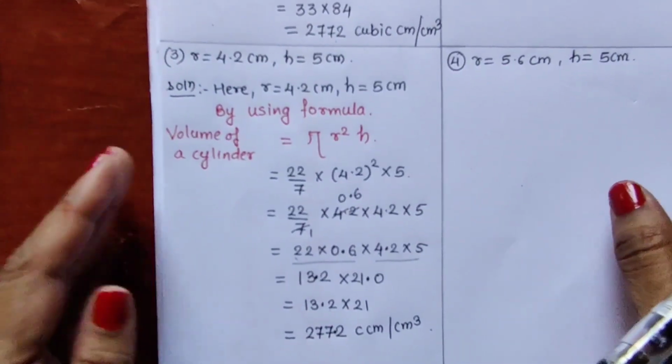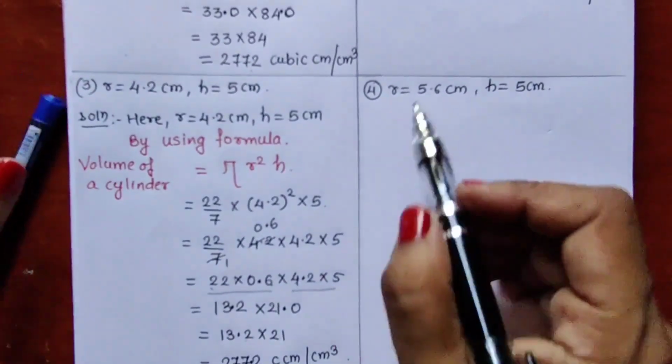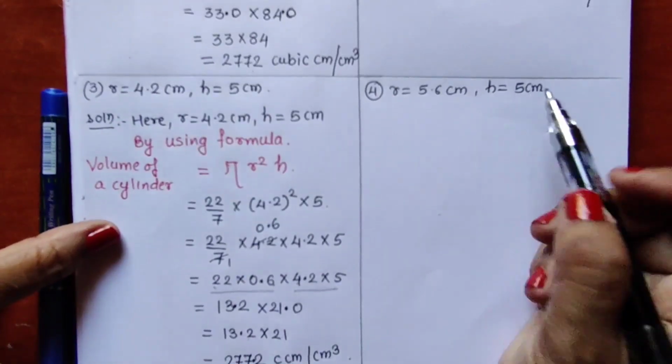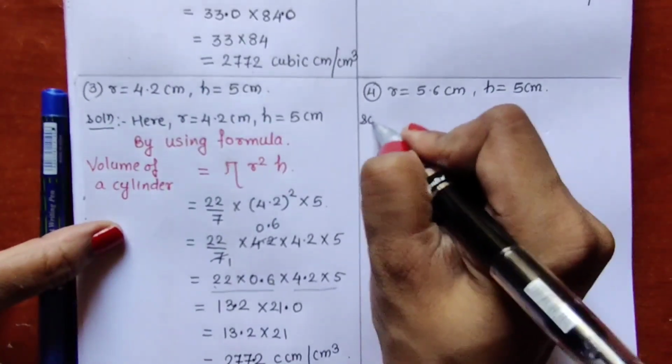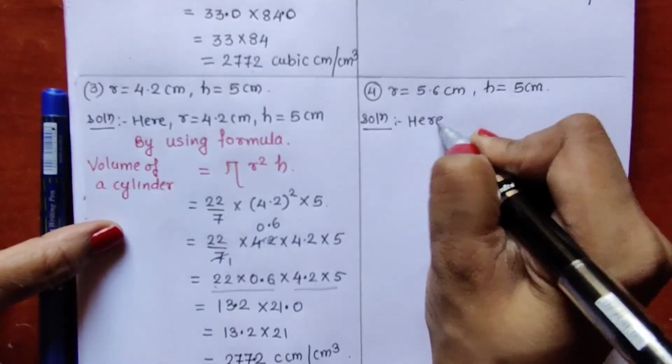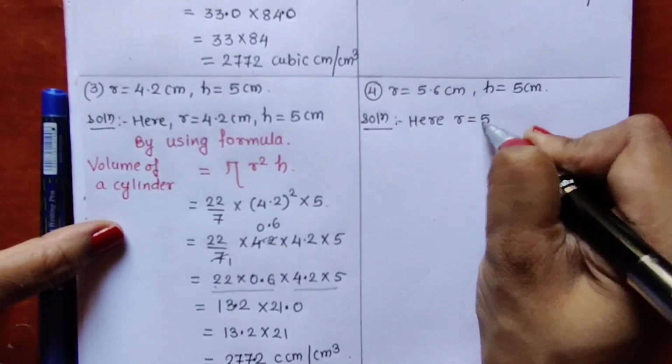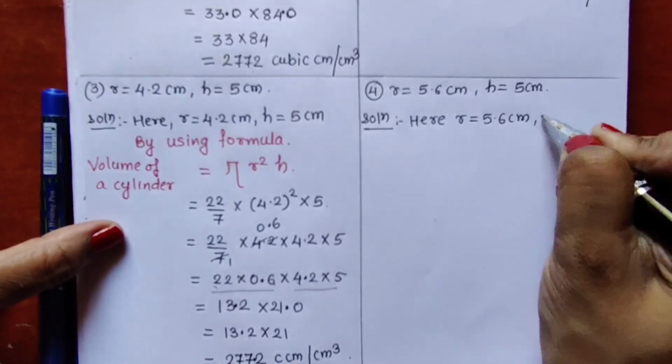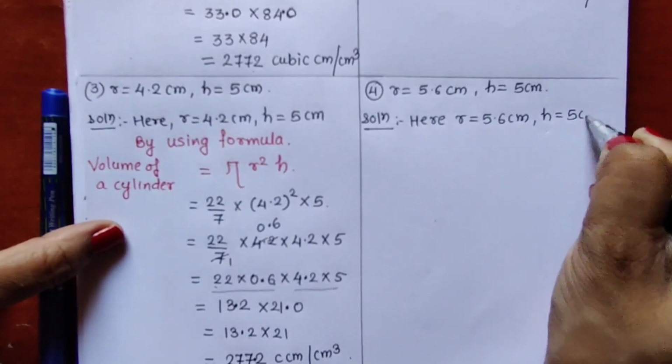Now let's see this last sum from question number 1. R is 5.6, H is 5 centimeter. So we will start writing the values. Here R is equal to 5.6 centimeter, H is equal to 5 centimeter.